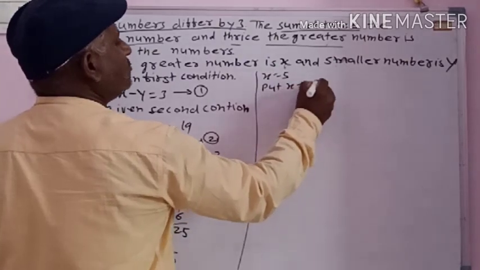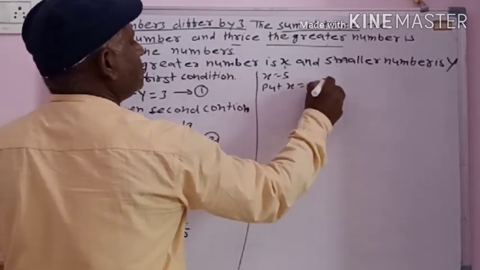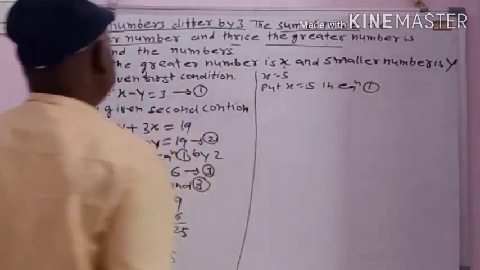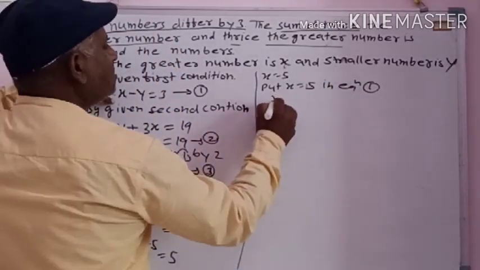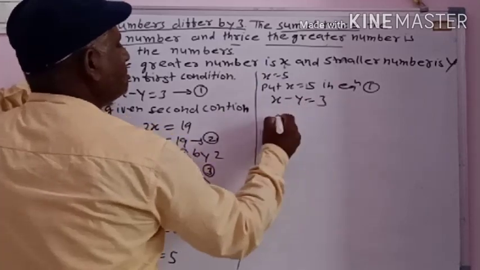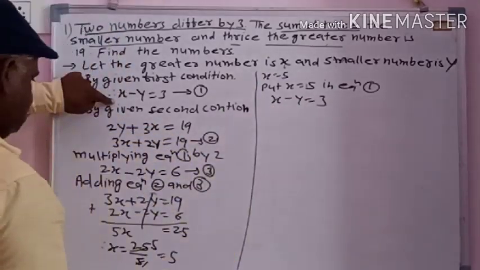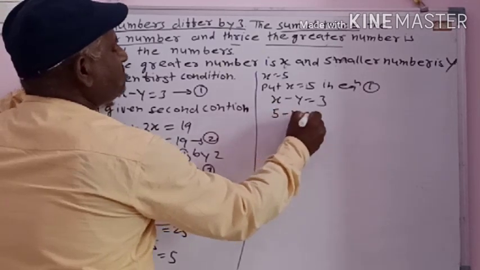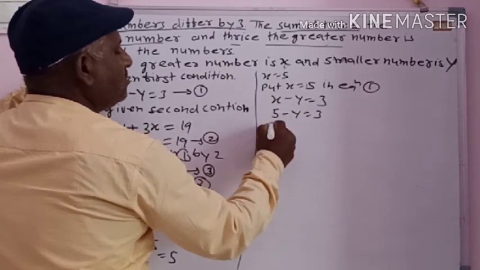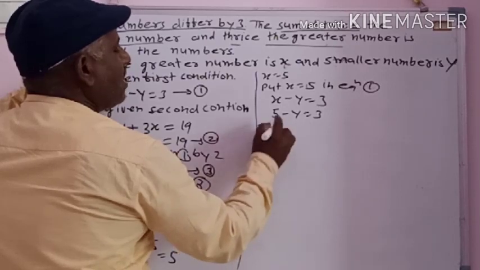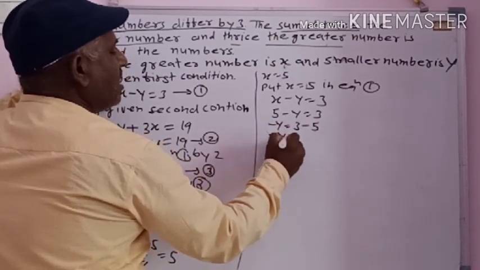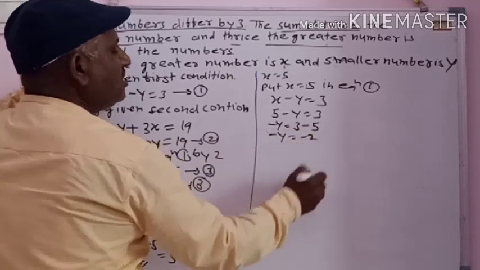x is equal to 5 in equation 1. Equation 1 is x minus y is equal to 3. Then 5 minus y is equal to 3. Minus y is equal to 3 minus 5, which is minus 2.